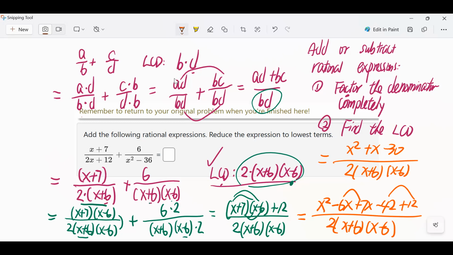And do we stop here? What do you think? Or can we do something else? Is this the final answer?